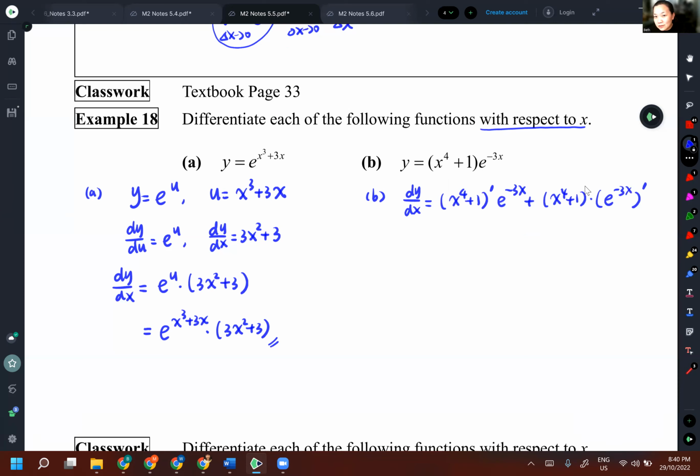That's f prime g plus f g prime. I hope you know what I'm talking about. This one, 4x cubed plus 0.